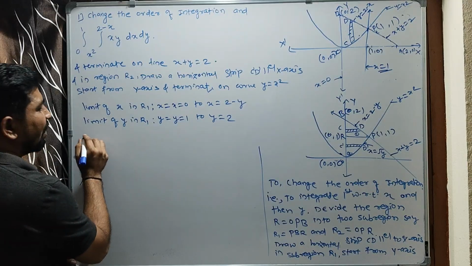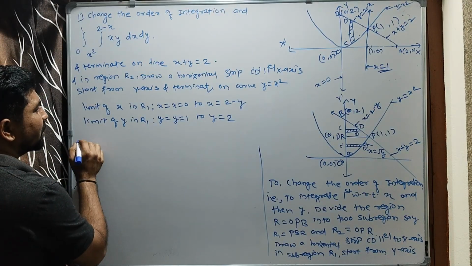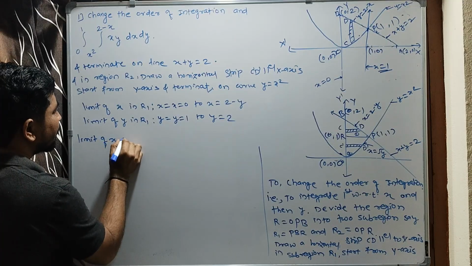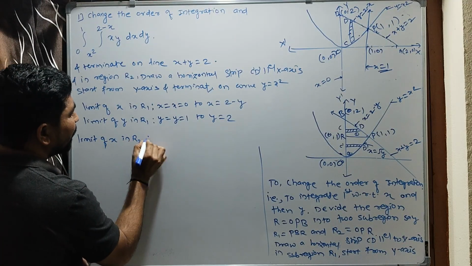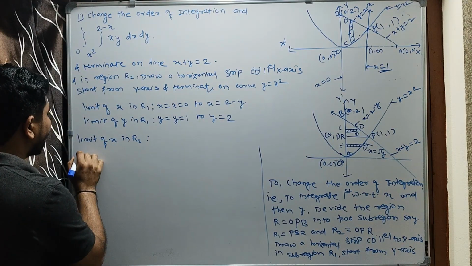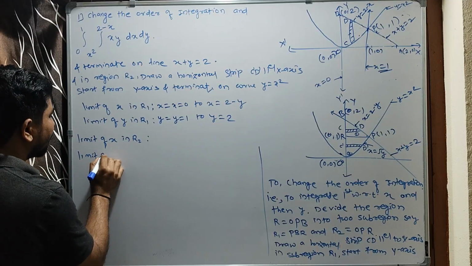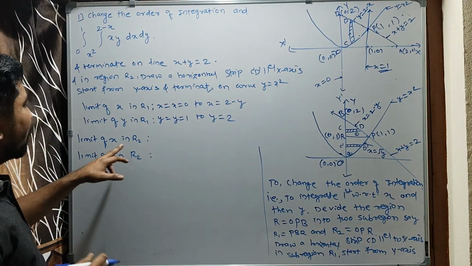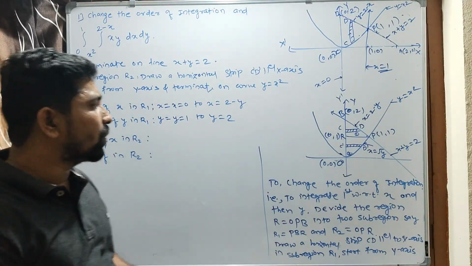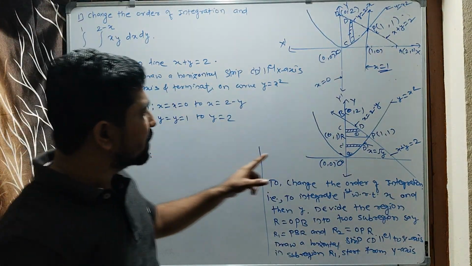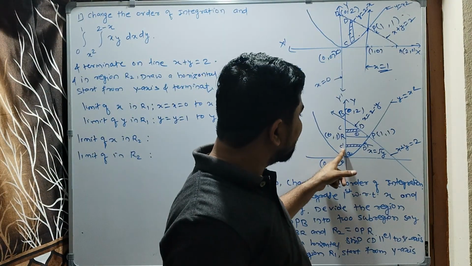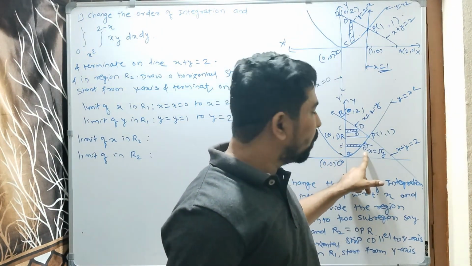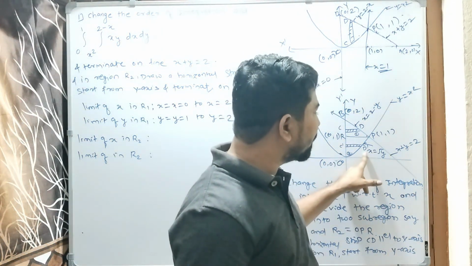Now in the same way I want to write the limits of x and y in region R2. First, limits of x: my strip C'D' starts from the y-axis and terminates on this curve y equal to x square, where the value of x is root y.